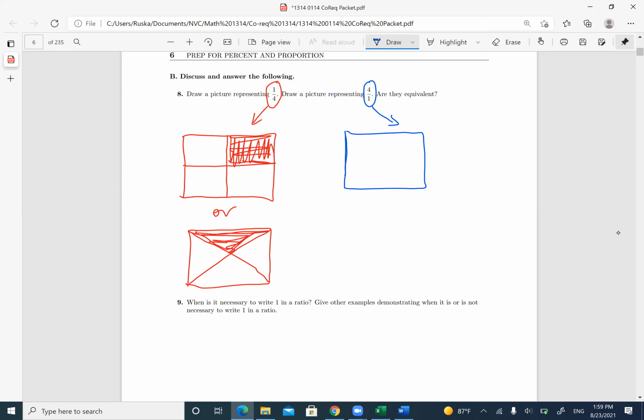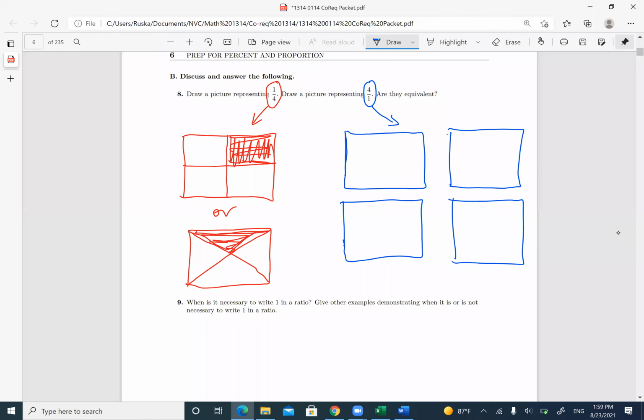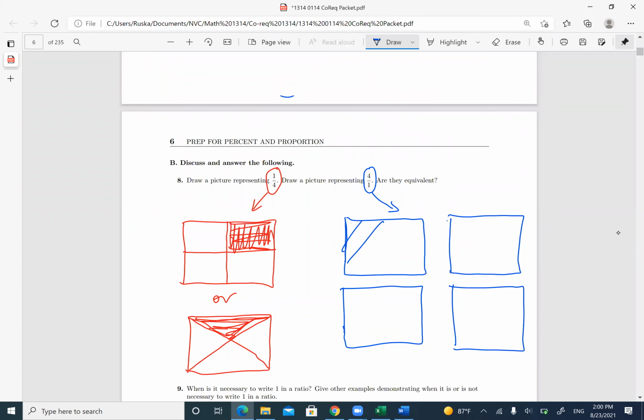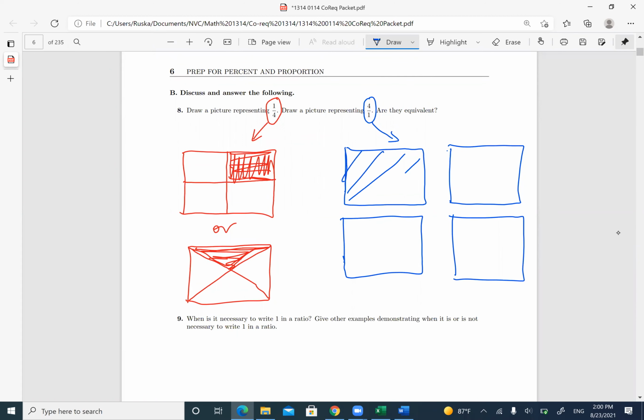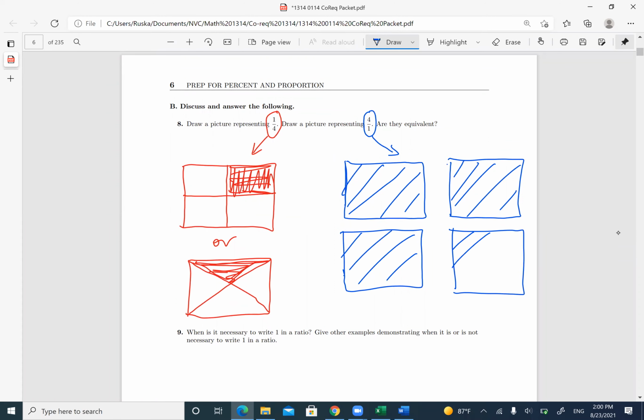I'm going to shade 4 of those. I'm using a rectangle because that's how we started, to be consistent. We're shading these 4 whole pieces. 4 over 1 is technically 4 whole pieces, right?